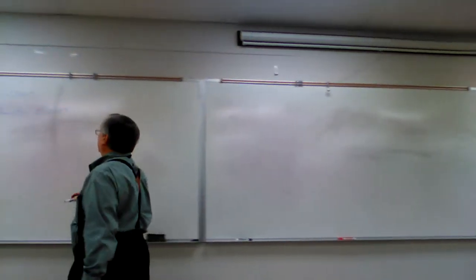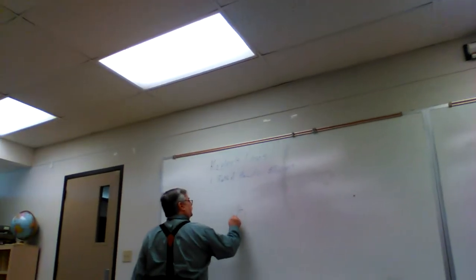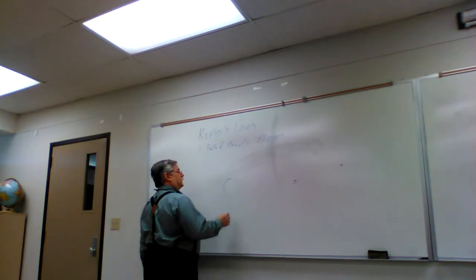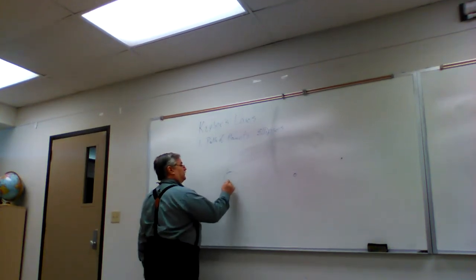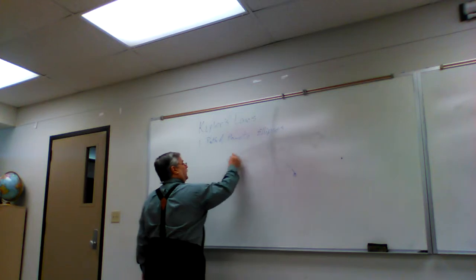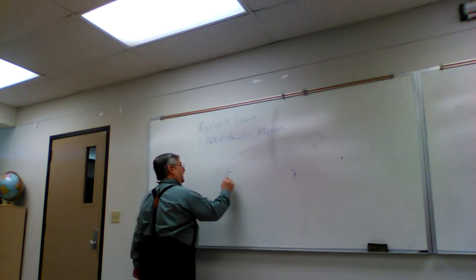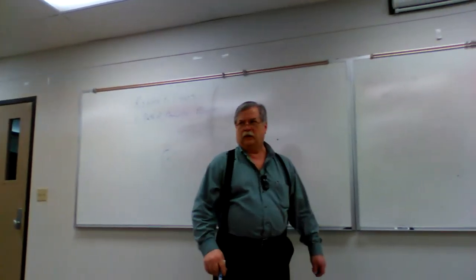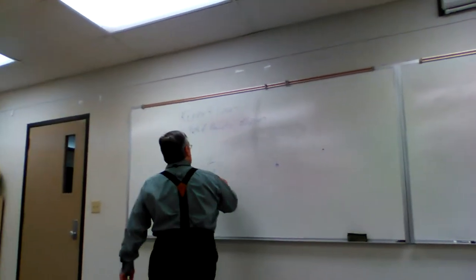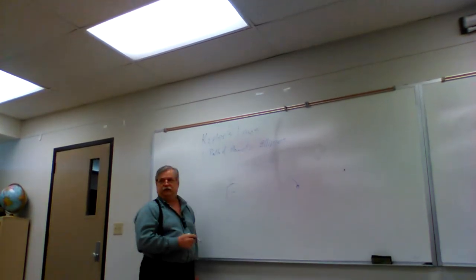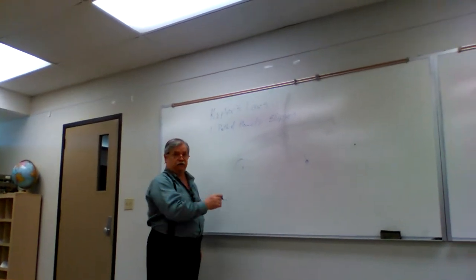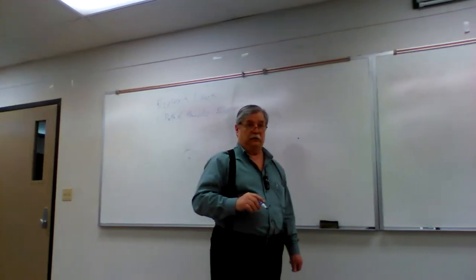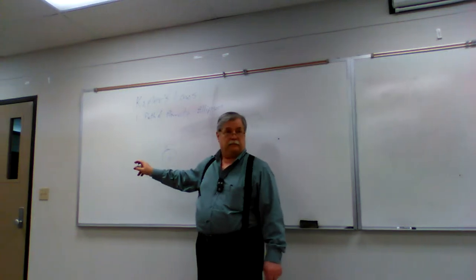Okay? So if you take the sun here and the planet here, and you put a point right at the center of the sun and call that one of the foci, that's not true. What is true is that if you take the sum of the masses and find the center of mass of both bodies, that is the point that both of the bodies actually orbit, including the sun.